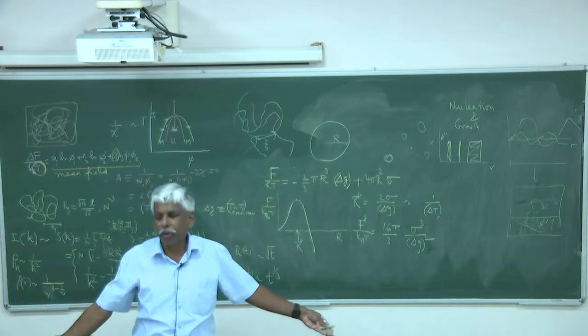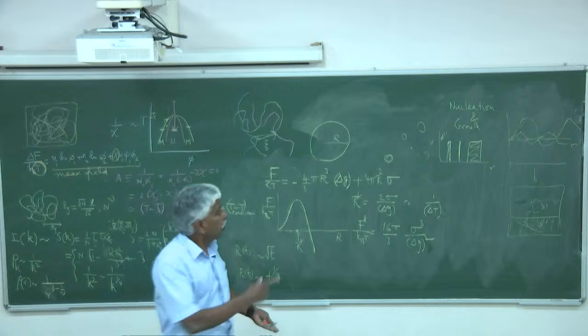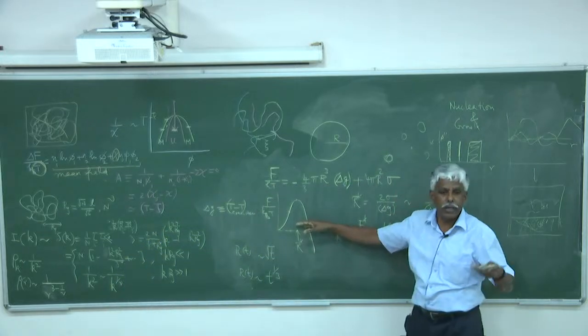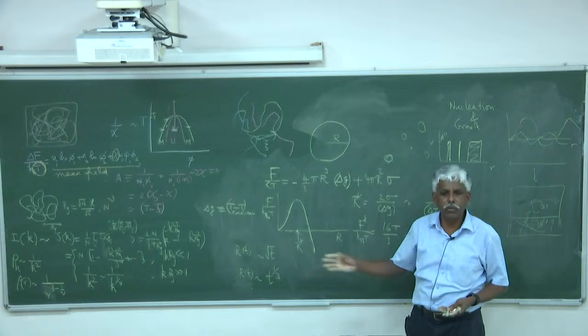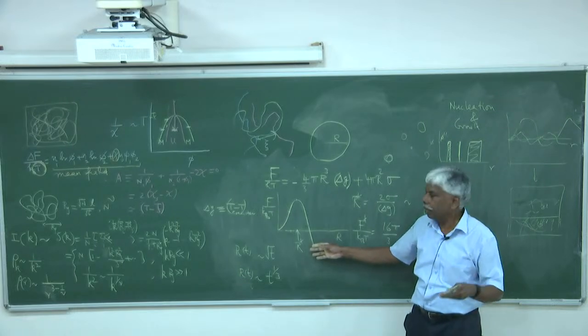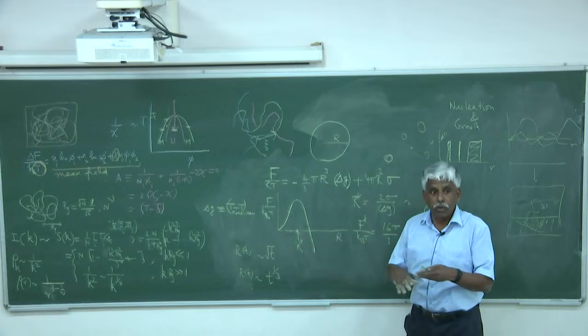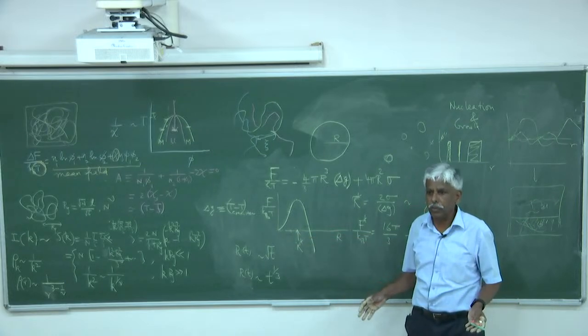That is why I wanted to emphasize, when I showed a graph like this, that it was not for free energy, it was a rate of growth. It looks dangerously similar, but this is for the free energy. For nucleation there is a barrier. For spinodal decomposition there is no barrier, spontaneous growth.